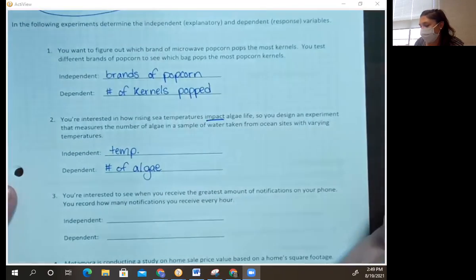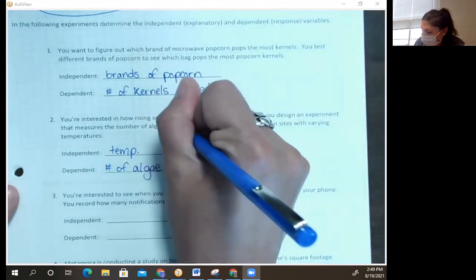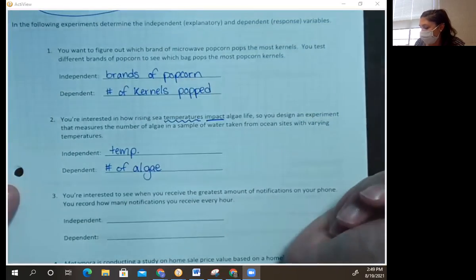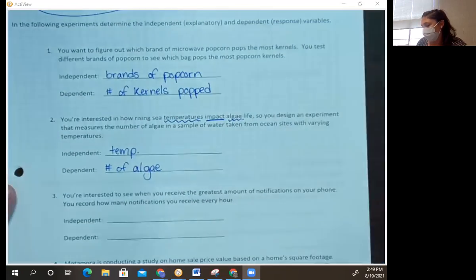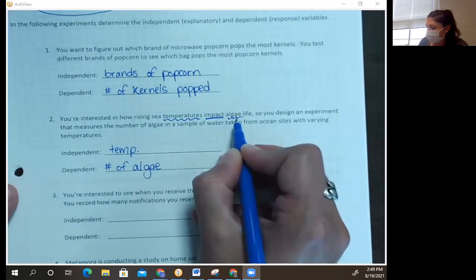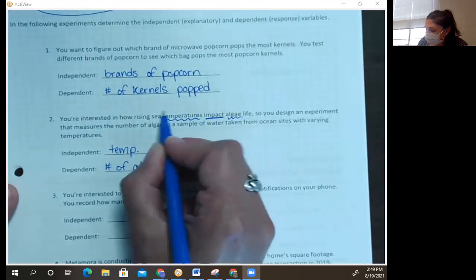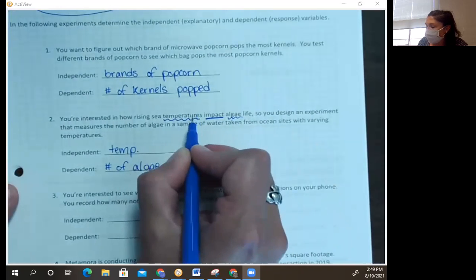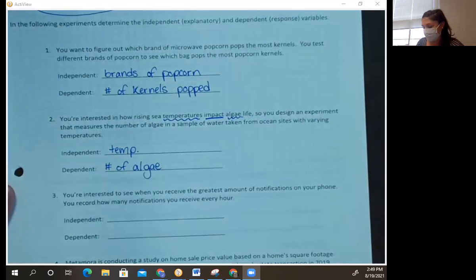Impact. I think that the temperature has an impact on the algae. I think this affects this. So this is something that I can change or manipulate. That makes it the independent variable.